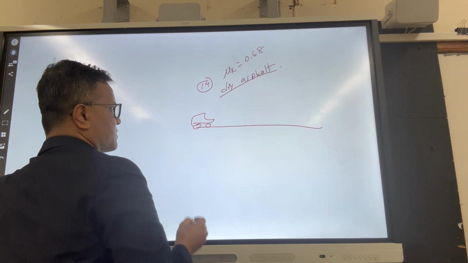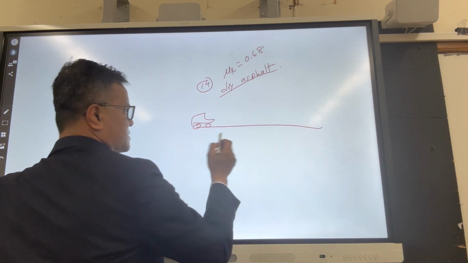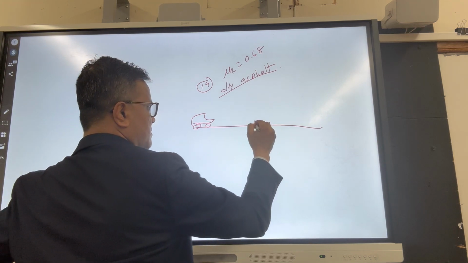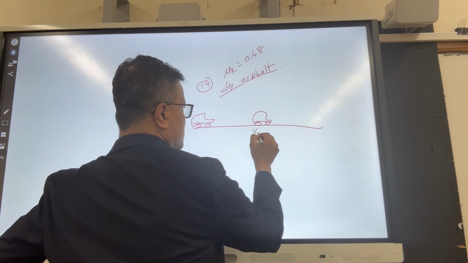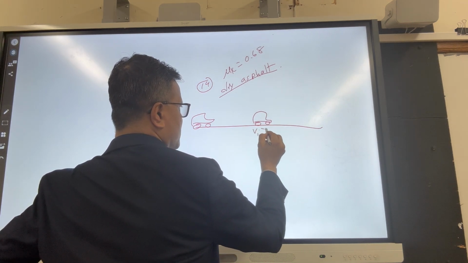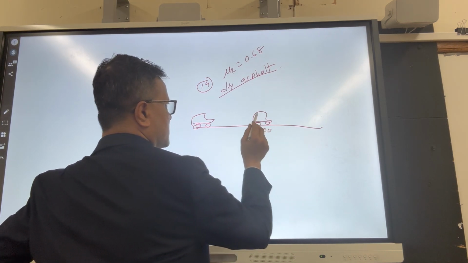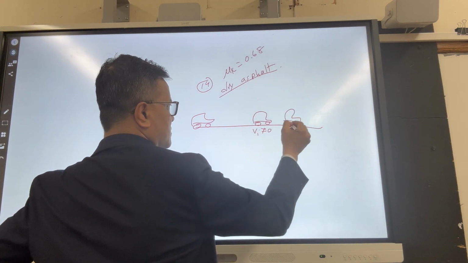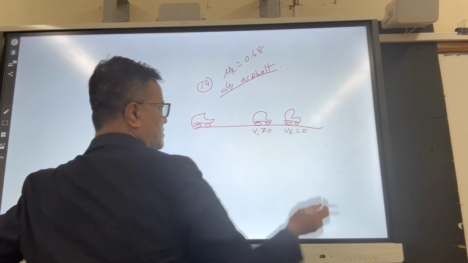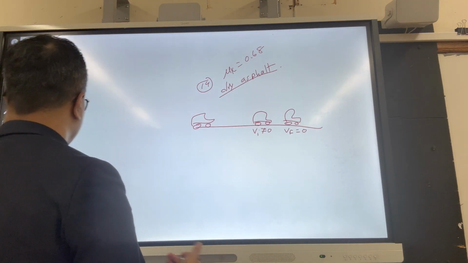The driver sees someone crossing the road and hits the brake immediately. So then vi is not 0 here. Here he hit the brake. Here vf is 0.